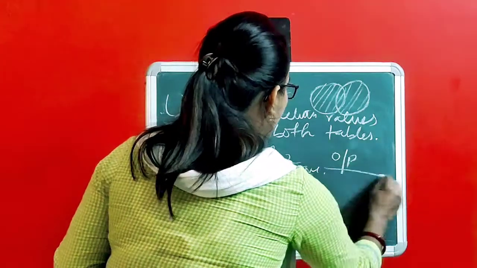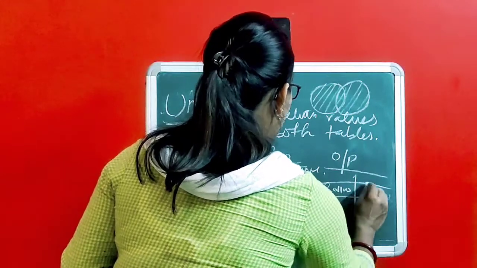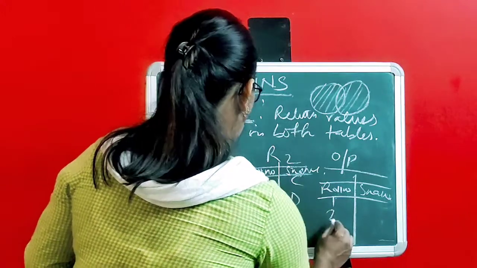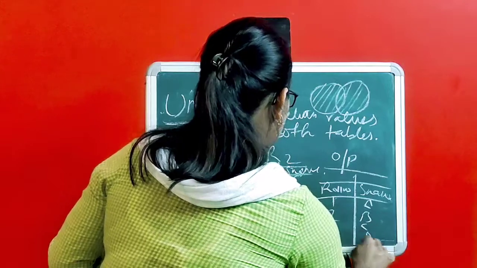The output will be both the columns, roll number, S name, 1, 2, 3, 4, A, B, C, D.